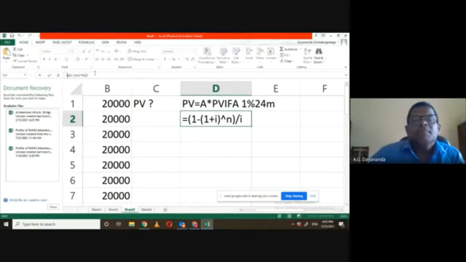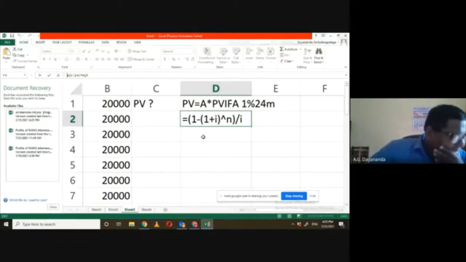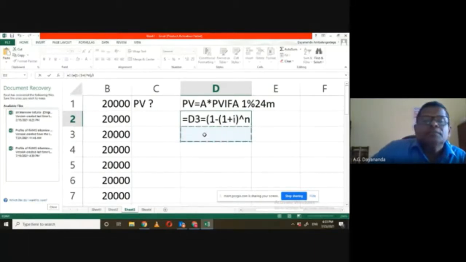Okay. Will you copy it and apply the data? If you have the calculator or Excel sheet, just see. You can copy it.